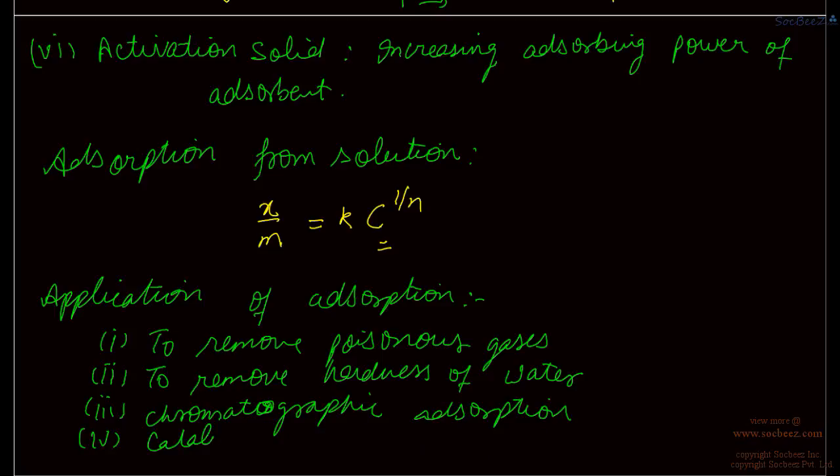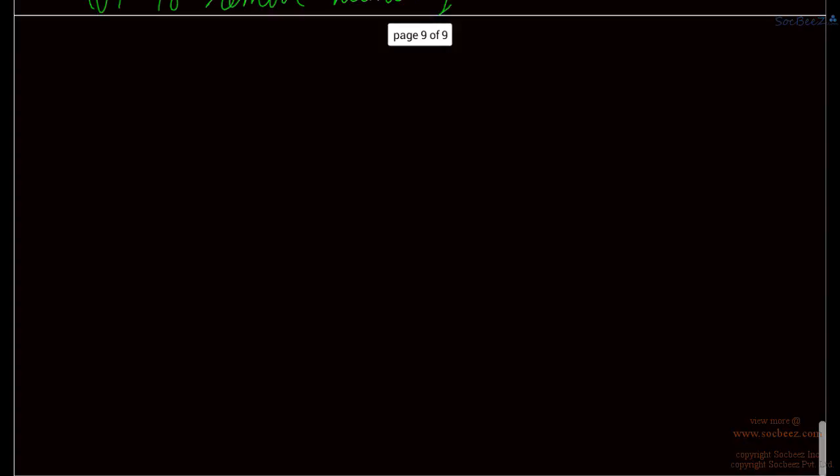So it is used as a catalyst, and it is used to remove humidity. So these are only some of the applications of adsorption that you find in almost daily use. So let's study something about catalyst.